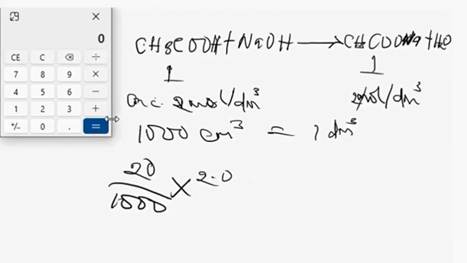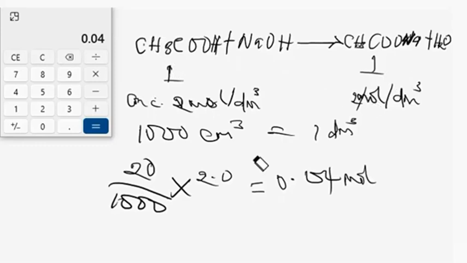So 20 times 2 over 1000 will give us 0.04 moles. So this entails that 0.04 moles of the ethanoic acid will give us 0.04 moles of the sodium ethanoate.